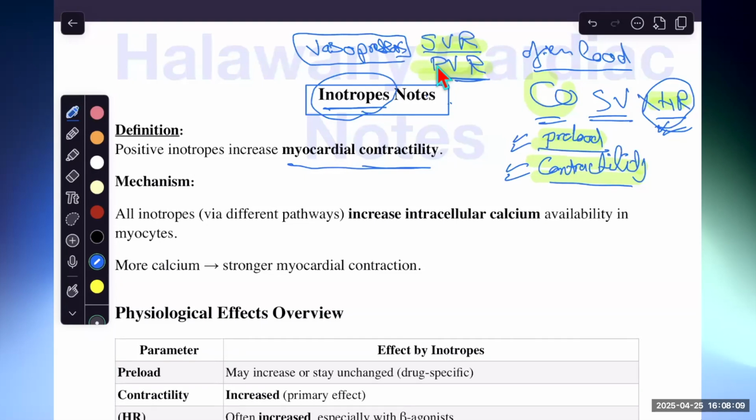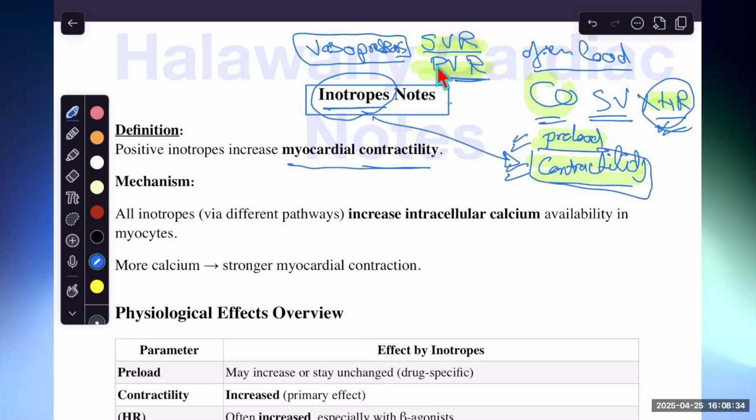Okay. So now, cardiac anesthetist, I want you to crush this old belief that phenylephrine, for example, is an inotrope. No, I want you to crush this idea in your brain and build a new idea: what is this drug? Is it an inotrope? Inotropes mean it will affect the contractility.